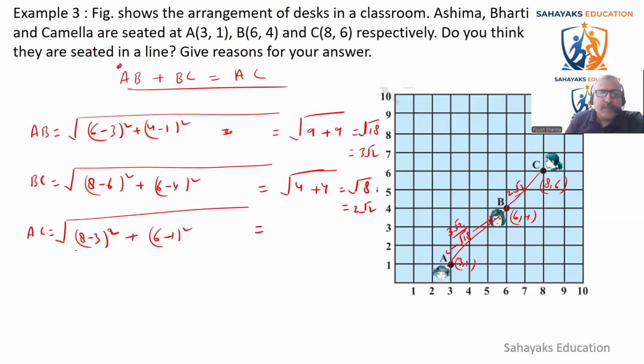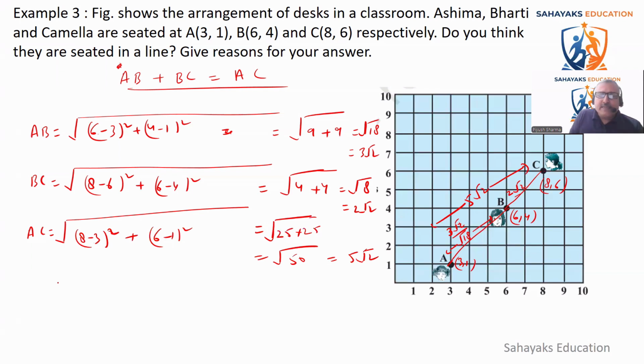This value comes out to be 8 minus 3 is 5, 5 square is 25, plus 6 minus 1 is 5, 5 square is 25. So this comes out to be square root of 50. Now square root of 50 is 25 into 2, so I can say it is 5 root 2. So this entire distance is 5 root 2.